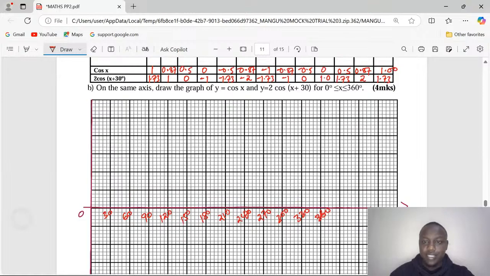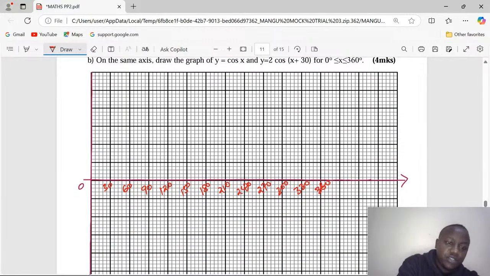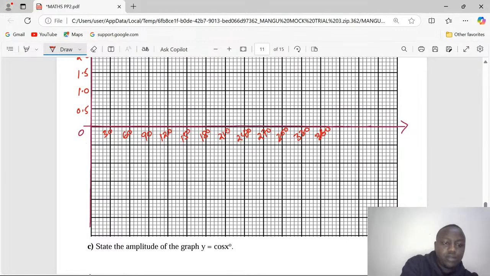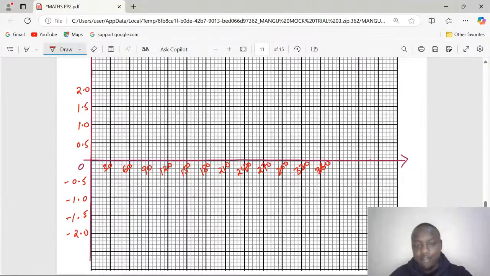Now for the y-axis, I can see the largest value is 2. So I can use intervals of 0.5, 1.0, 1.5, 2.0, and negative 0.5, negative 1.0, negative 1.5, negative 2.0. So that is the scale that I have chosen.